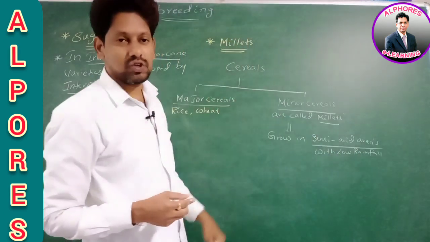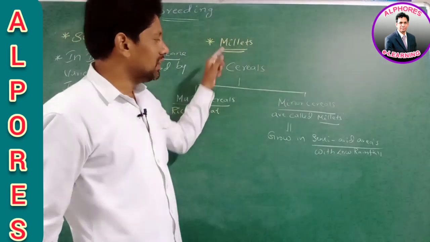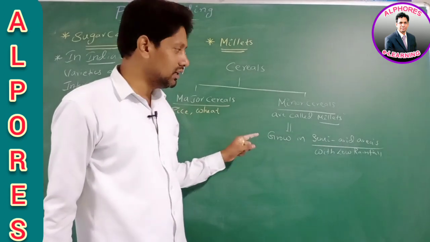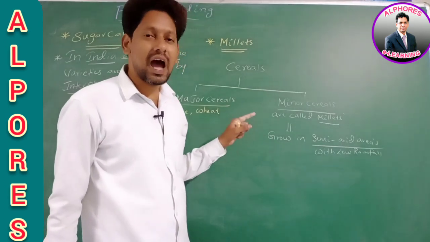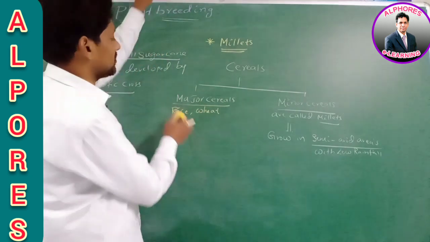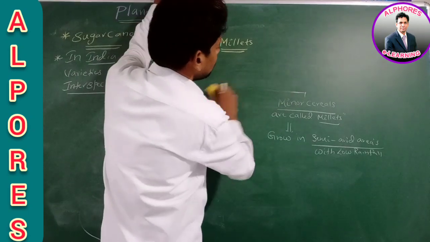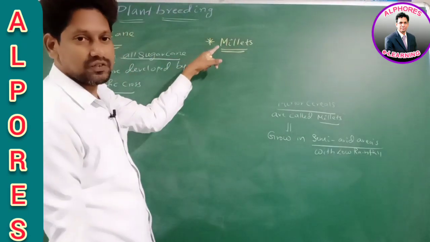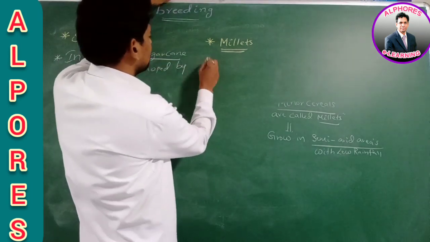Therefore, millets are grown in semi-arid areas. Now, examples for millets.